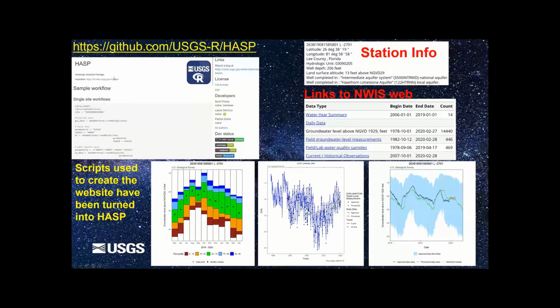If you were to go to the website, which is shown in the upper left-hand corner at GitHub, you can see the HASP package, and you can access the code there and everything you would need to be able to make the same kind of scripts and charts you see here.